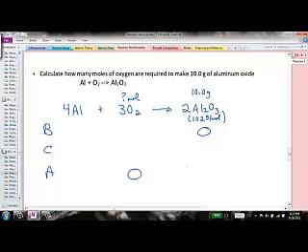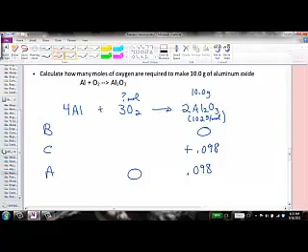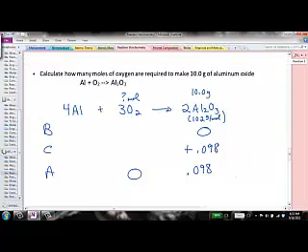So the change, I want to end up with 0.098 moles, and so the change was plus 0.098. It's a 2 to 3 ratio between aluminum oxide and oxygen. So I'm going to just set up that ratio real quickly. I have 3 moles of oxygen to 2 moles of the aluminum oxide.